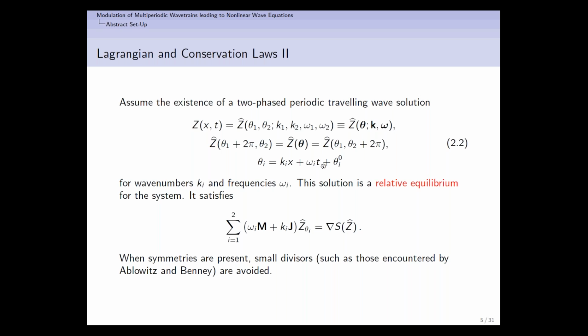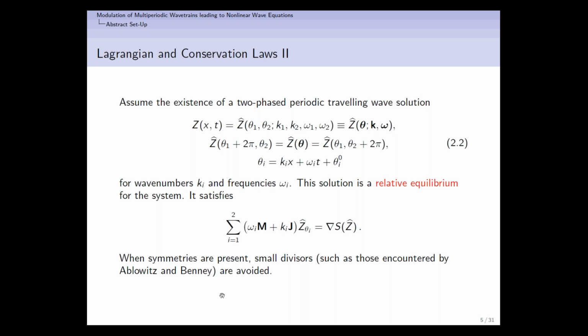Okay? So if I have a solution of this form, then it generates the PDE of this form for the basic state. We're going to see this a couple of times during the asymptotics, so it's worth pointing out that Z hat satisfies this equation. Now, in the past, systems like this have been considered by Ablowitz and Benney for the nonlinear wave equation, in 1970, I've got written down. And the problem that they faced was because they were considering weakly nonlinear solutions, they found small divisors.